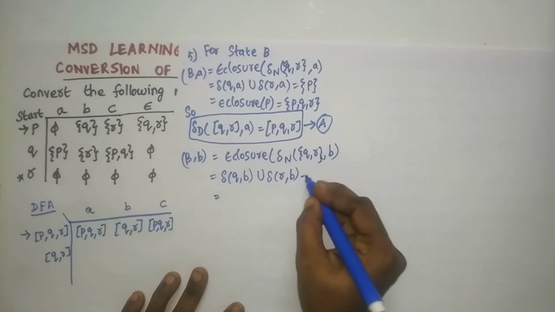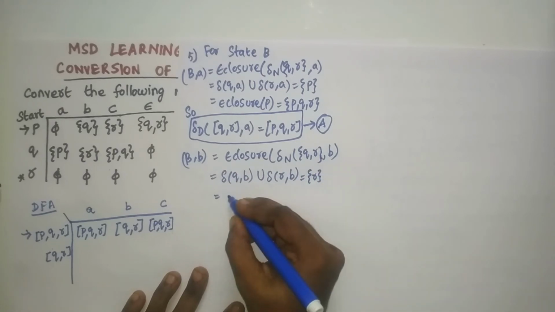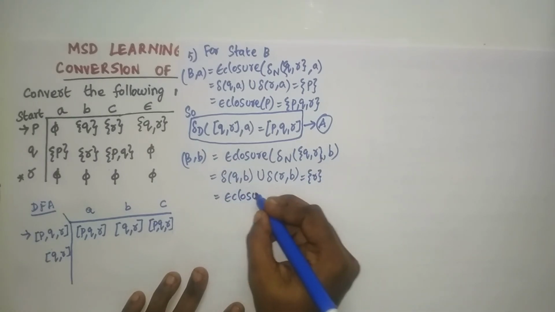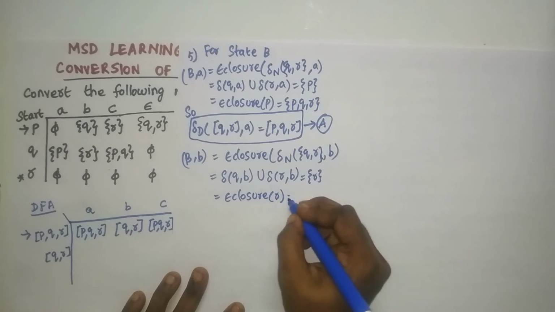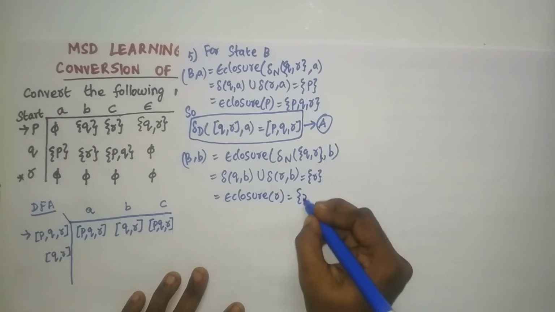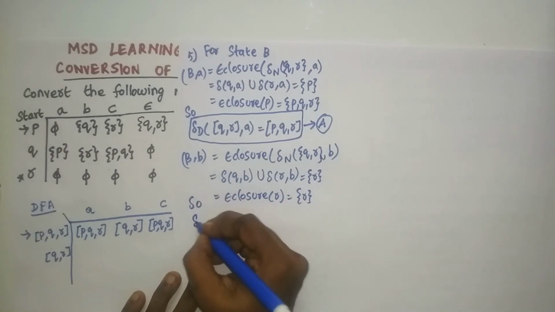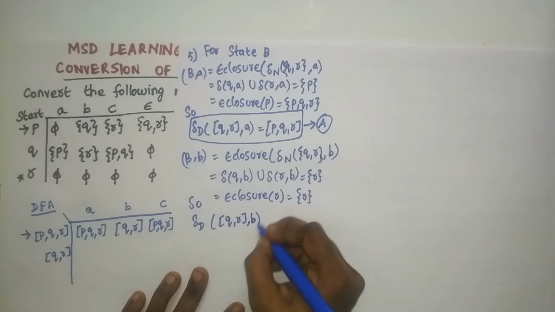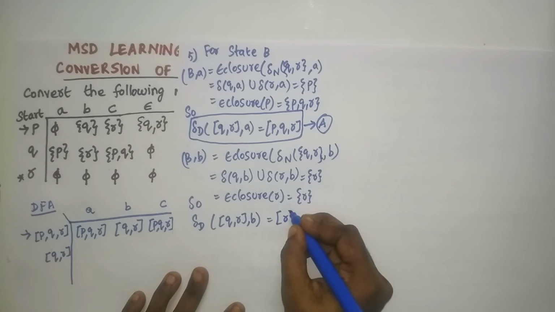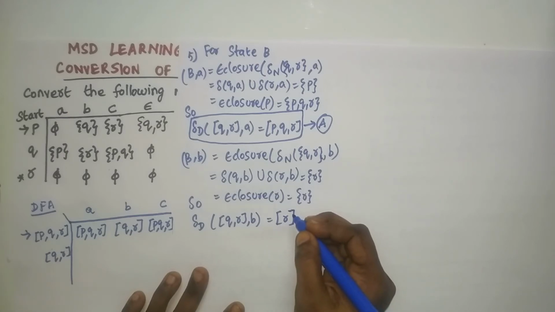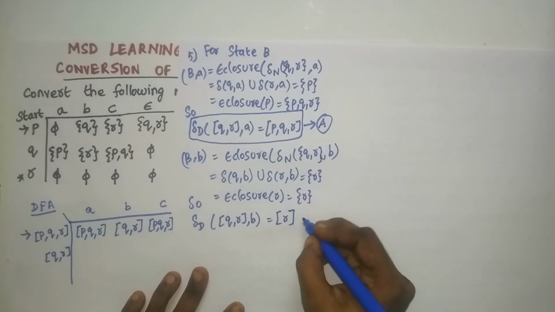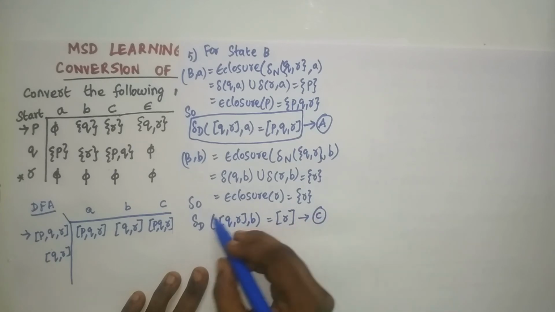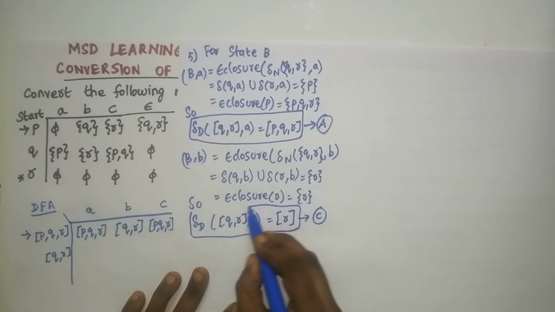So you will have the result as R, and for that you need to find the epsilon closure of R. The epsilon closure of R is only R. So δD of {Q, R} on b will be equal to only R, which does not resemble either state A or B. So this will be a new state, capital C.